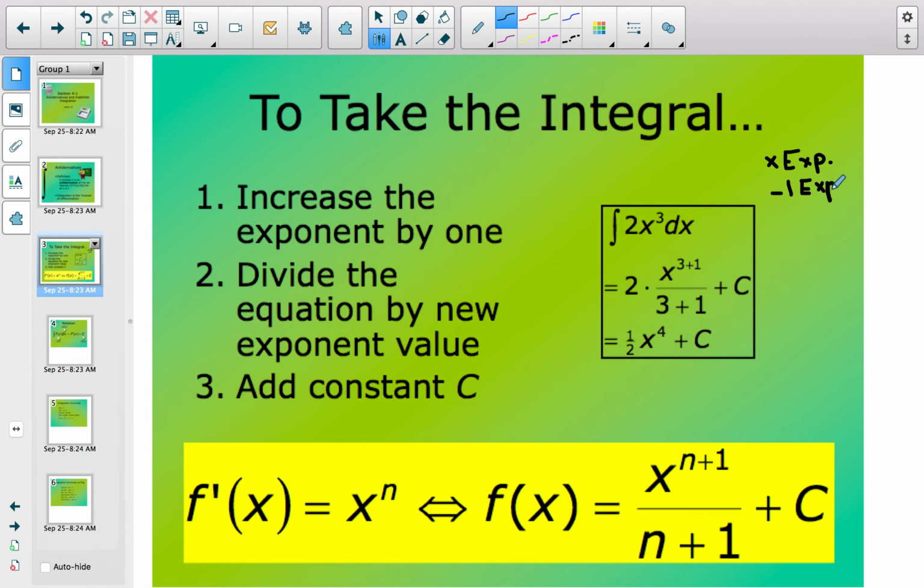The inverse of that is you're going to add 1 to your exponent. Okay, you're going to add that 1, and then after you add 1 to your exponent, instead of multiplying now, you divide by your new exponent. Okay?